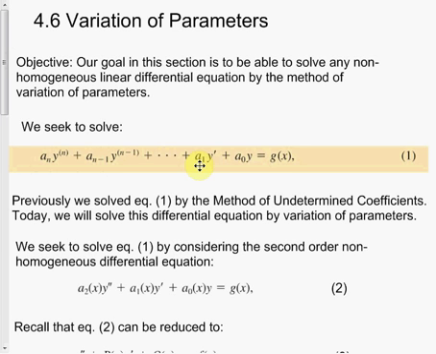So it's very powerful. Previously we solved equation number 1 by the method of undetermined coefficients. Today we use a different method. We seek to solve equation number 1 by considering the second order non-homogeneous differential equation. We want to find solutions for equation number 2.